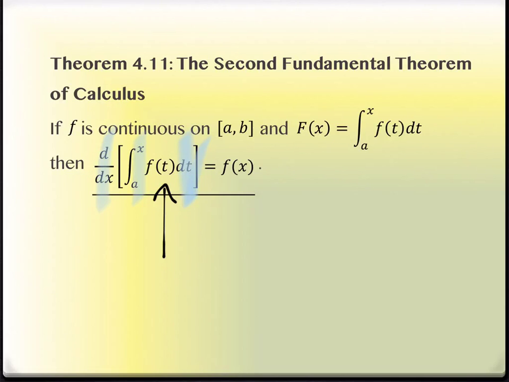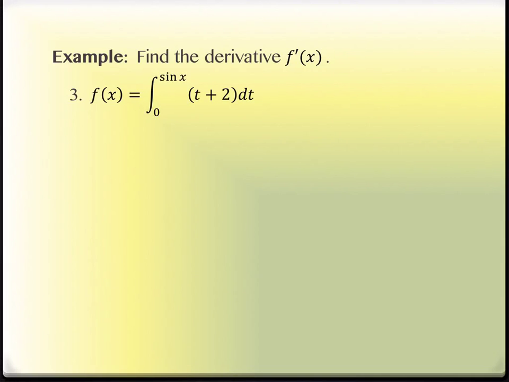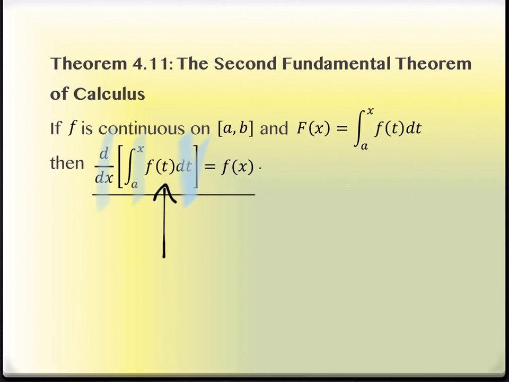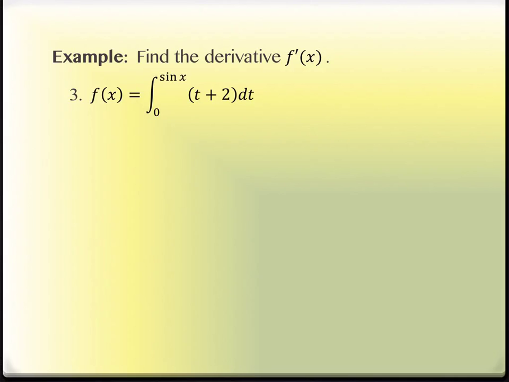Sort of. So take a look at example 3 and tell me how example 3 looks different than what you saw notationally over here in this actual theorem. What do you see, Caleb? Okay, you don't just see x up here, right? You see sine of x.